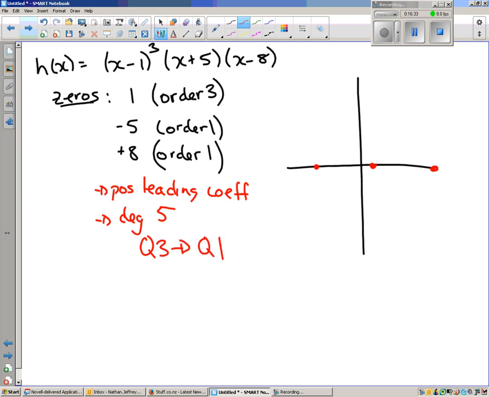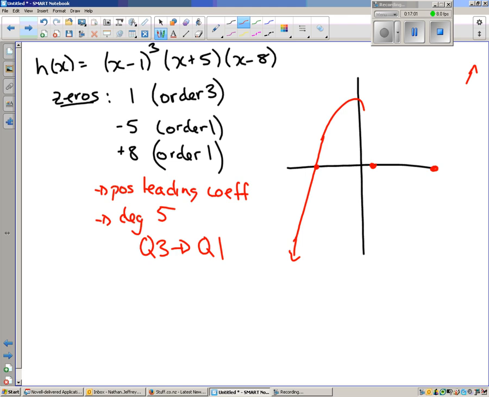Okay, so if I'm putting all that together, I know that my graph has to kind of start over here and end going up this way. It's going to cross -5 like a straight line, so it's going to go up. It's going to cross this guy at a straight line. It's going to come down. It crosses 1, where our 0 at 1 is order 3, so it's going to cross it like a cubic.